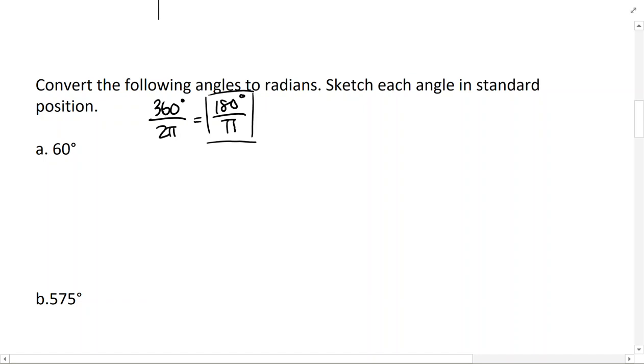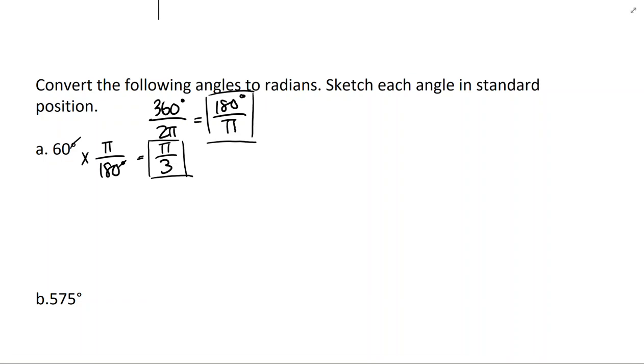Since we're going from degrees to radians, we're going to put the radian option up top and the degree option below. Now the degrees cancel each other out, and we can simplify that down to pi over 3. So this is our angle in radians.